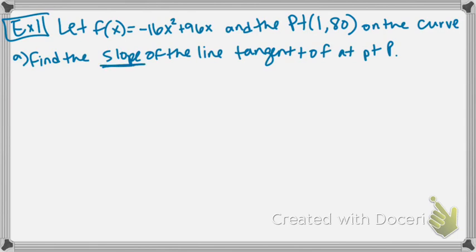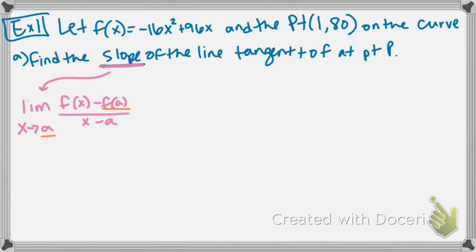So underline slope. Okay, we're going to find the slope using this limit formula. This is how you find the slope at a point, for right now. So let's figure out what all the missing pieces are. You should be able to replace a, f of a, and f of x.